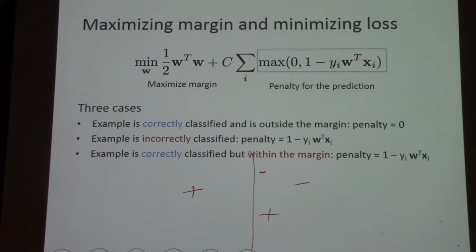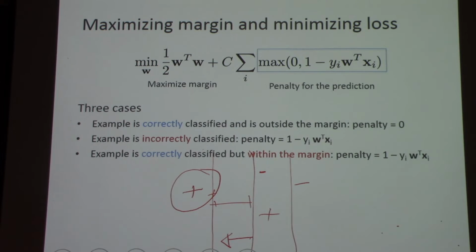And consider first, with saying that everything on this side is positive. Consider the point here, the plus. This example is correctly classified, and let's say the margin, in fact, let's put up another plus here. Let's say this is the margin. Okay? This distance here. So, the big plus outside the margin is correctly classified, and it's outside the margin.